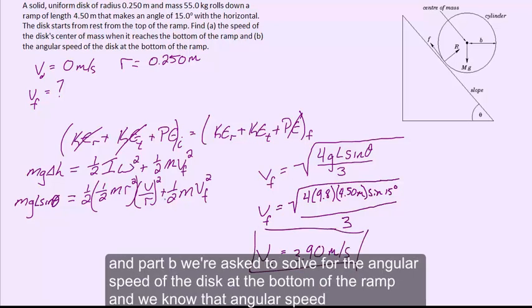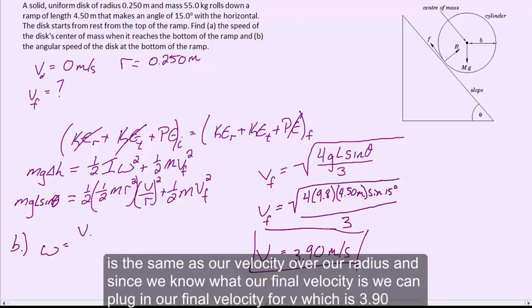And in part B, we're asked to solve for the angular speed of the disk at the bottom of the ramp. And we know that angular speed is the same as our velocity over our radius.